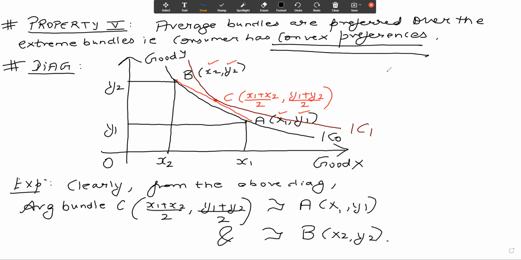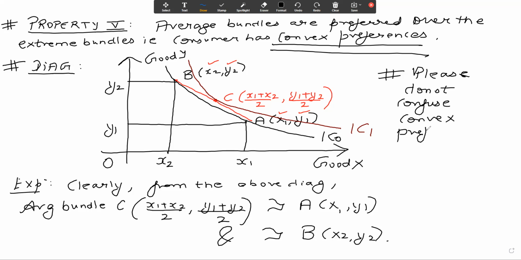Again repeating, please do not confuse convex preferences with convex ICs.